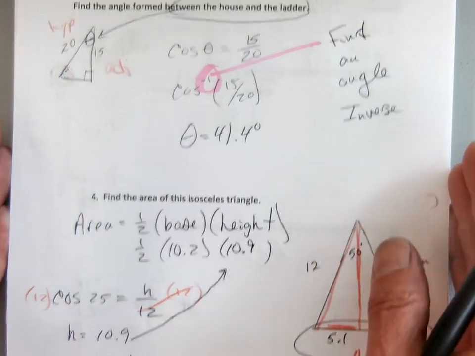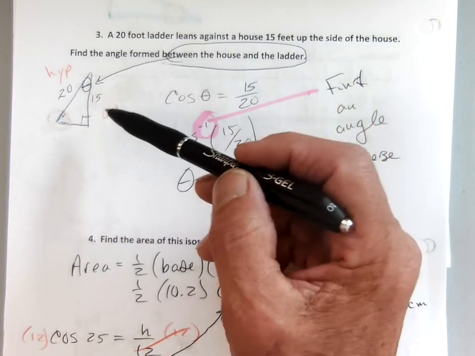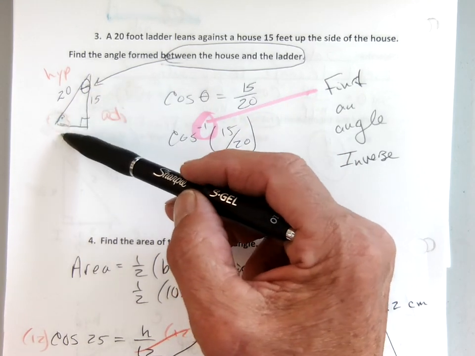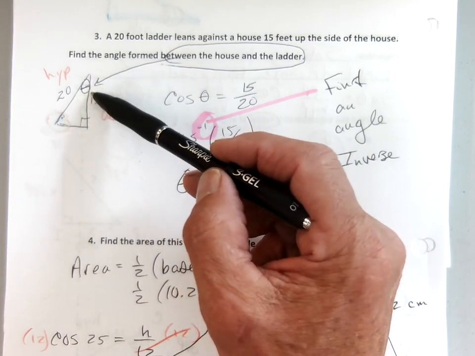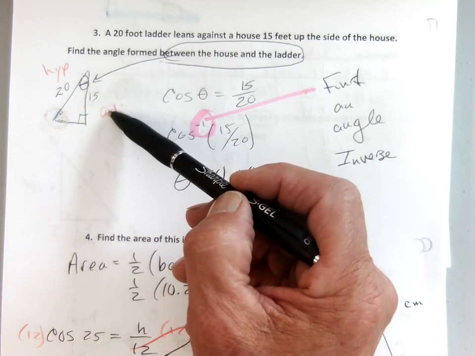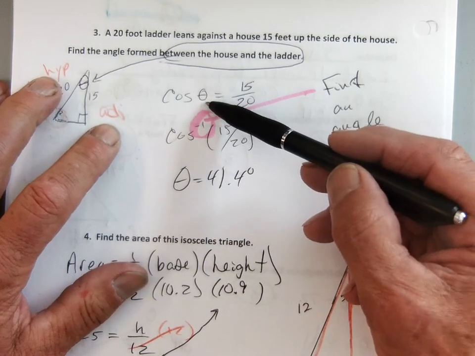All right, so I've got a ladder, and it leans against a house 15 feet. The ladder's 20 feet long. I want the angle between the house and the ladder, that's this angle. From the angle, that's my adjacent side and that's my hypotenuse. So if I use adjacent and hypotenuse, it has to be cosine.